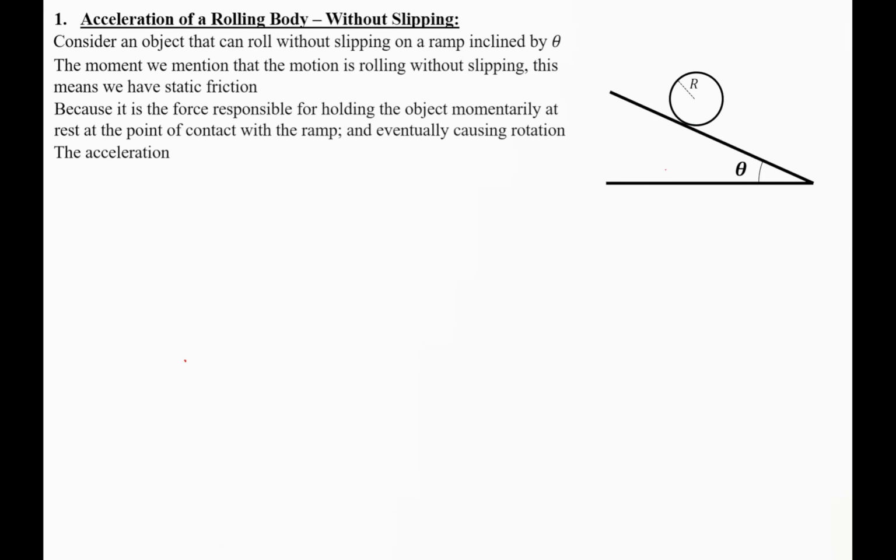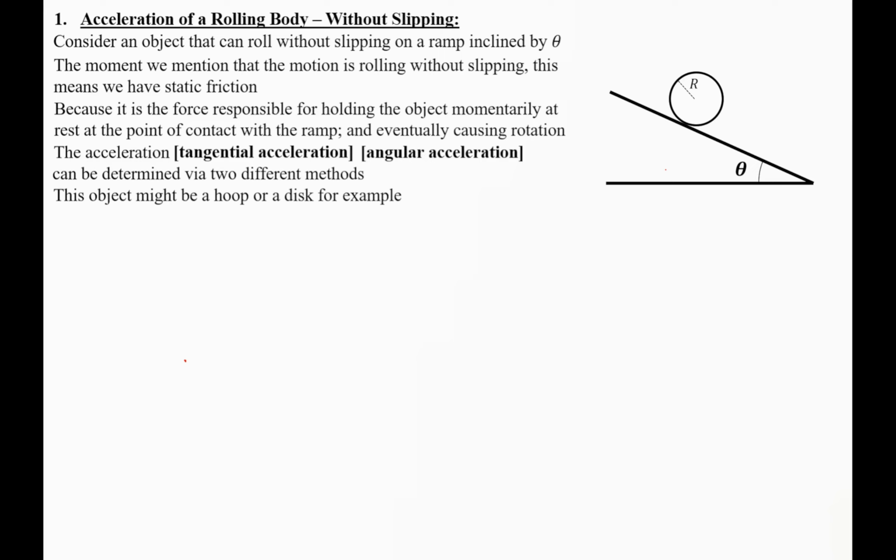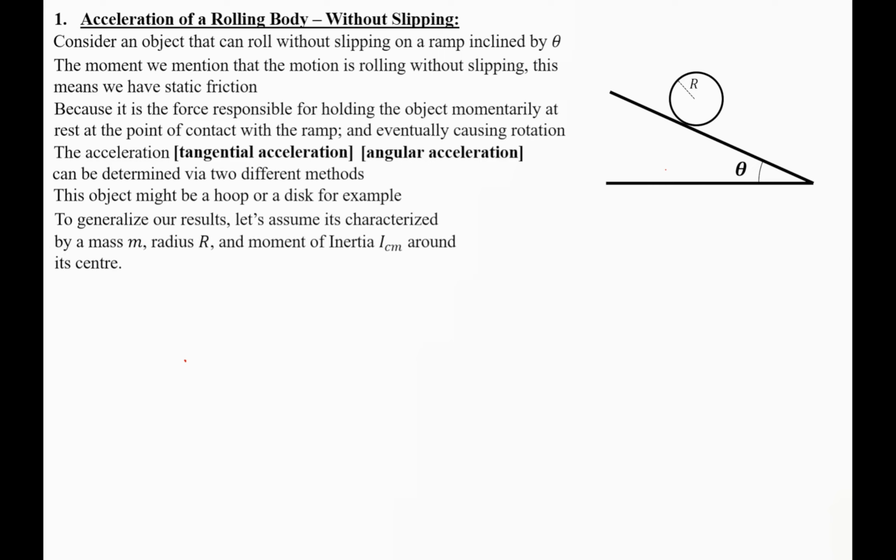It prevents the body from slipping. Now here we can talk about two accelerations, tangential and angular, and they can be determined via two different methods. And also, at the end I will present a method related to the energy approach. Now this object might be a hoop or a disc, for example.